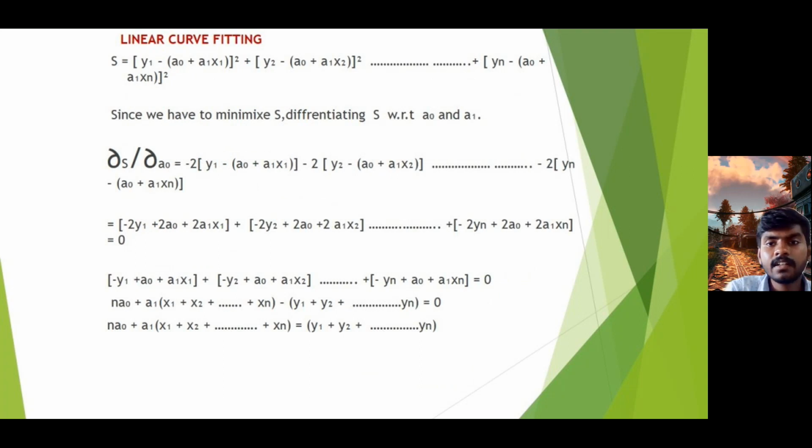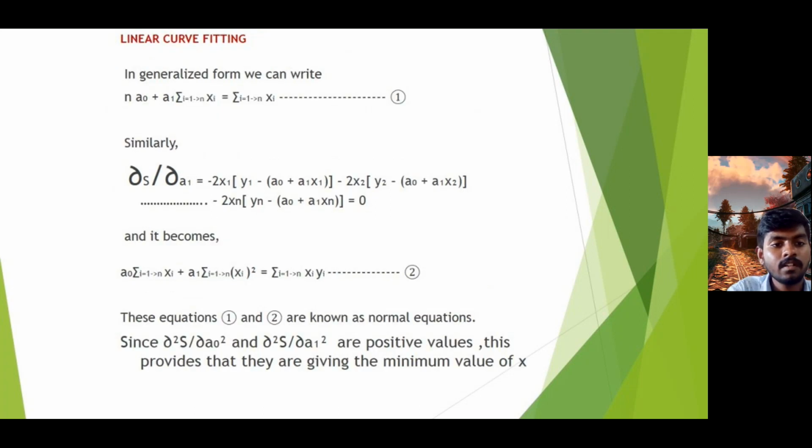Then we differentiate S with respect to a0 and a1, which is partial differentiation, and we get two equations, namely n a0 + a1 Σx = Σy, and another equation, a0 Σx + a1 Σx² = Σxy.